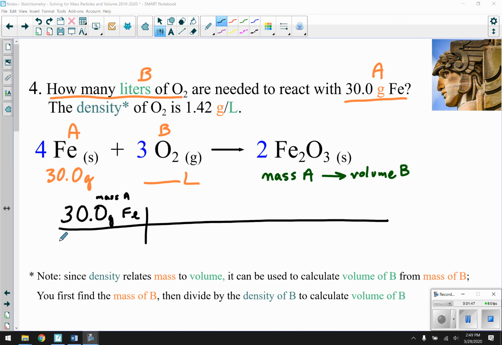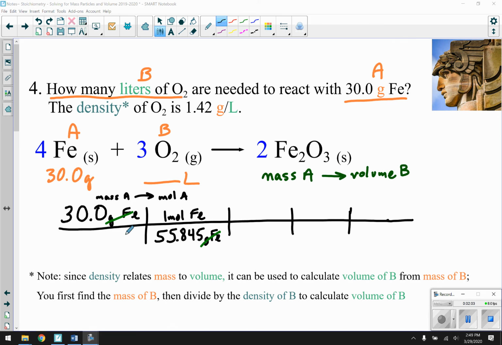So I'm going to start with what was given, 30 grams of iron. First step: convert whatever unit you're given to moles of A. I'm going to use the molar mass, dividing by the molar mass.